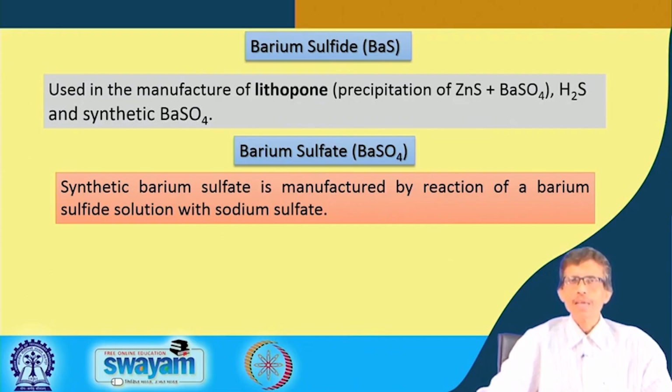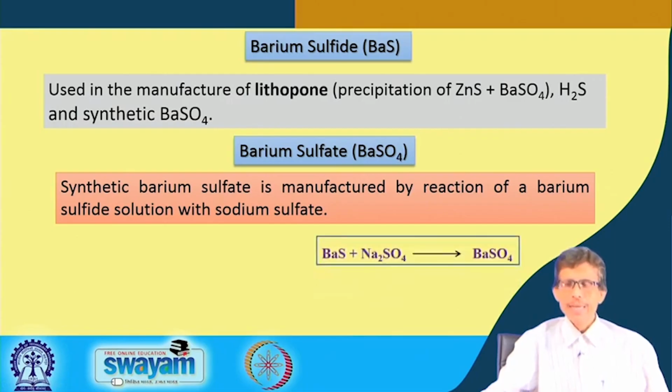So, you take the barium sulphide solution and, like the addition of sodium carbonate, now you add sodium sulphate. So, it is basically a metathetic reaction, not a double metathetic reaction, but an addition. That means barium is converting to barium sulphate and sodium is producing sodium sulphide.